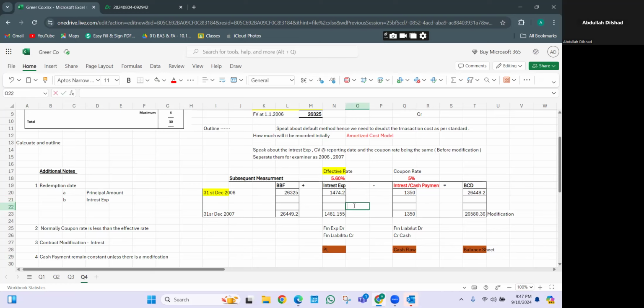Let me keep it here. The modification takes place at this part.